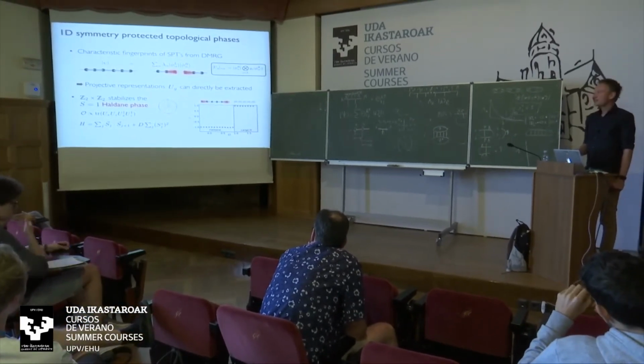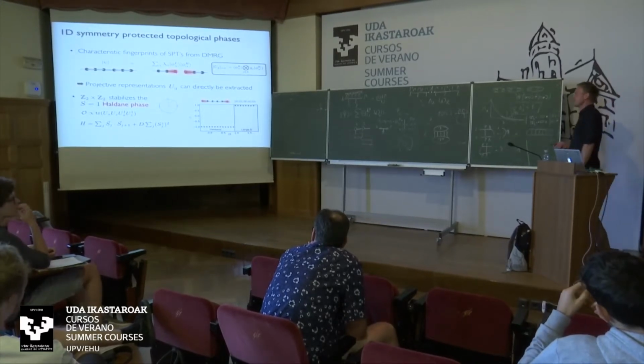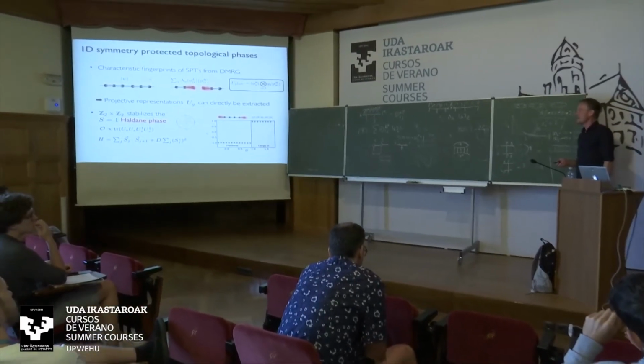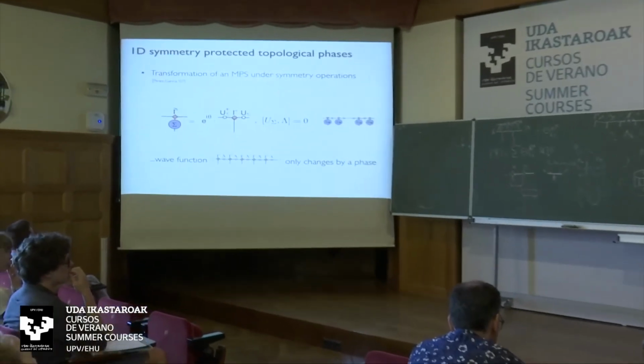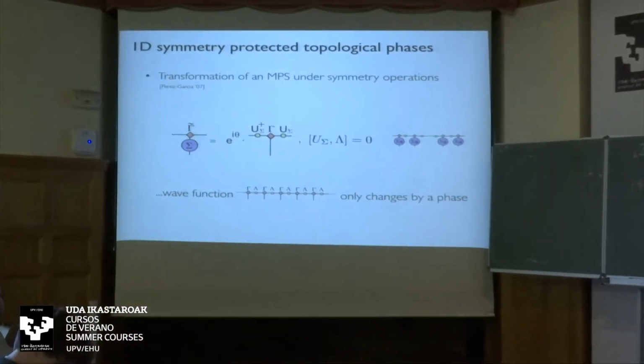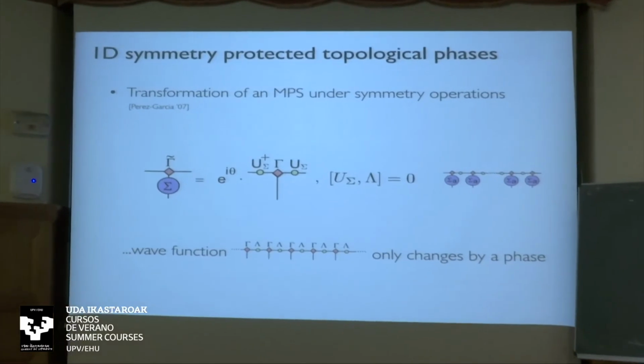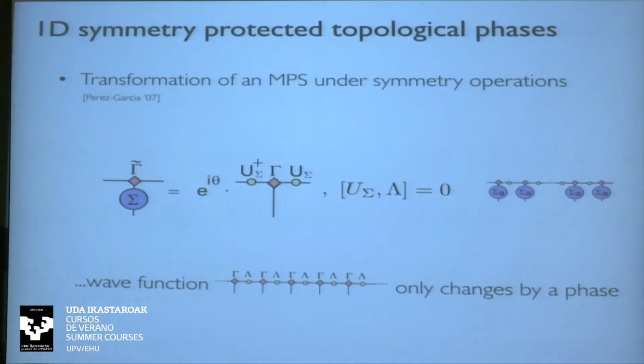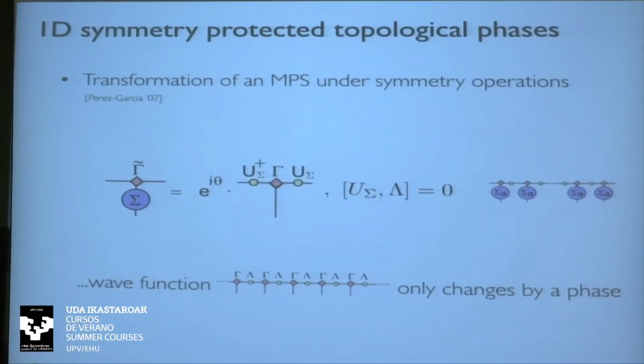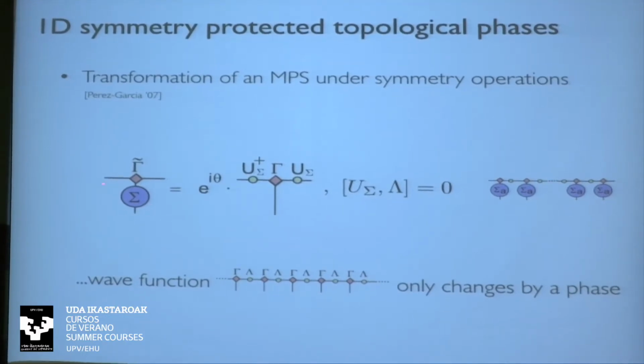But this directly relates to the matrix product state representation as we discussed before, right? Because when we choose this matrix product state in this canonical form, the Schmidt states directly relate to the indices of this matrix product state, and then we can write down how the matrix product state transforms under the symmetries.